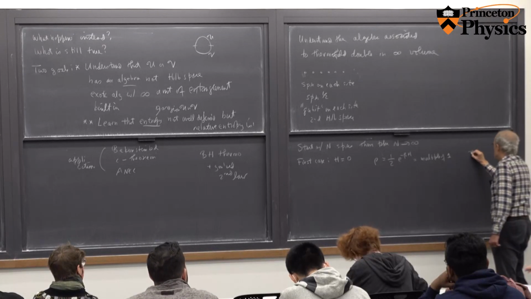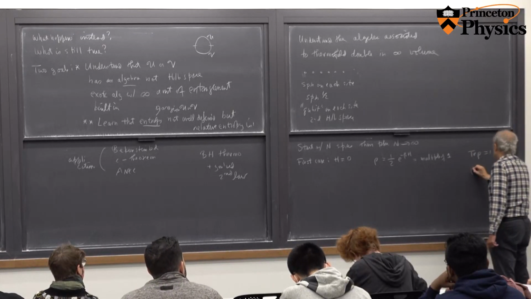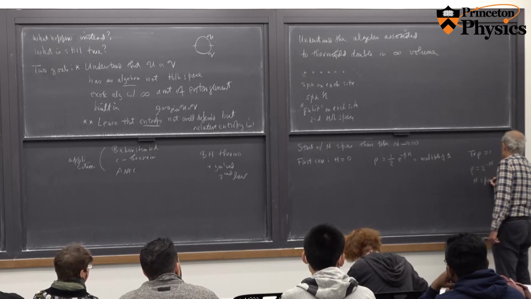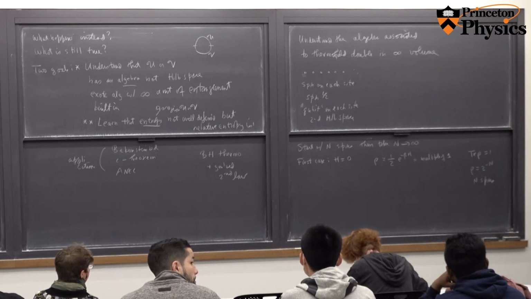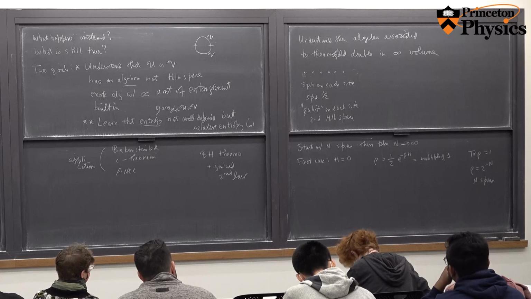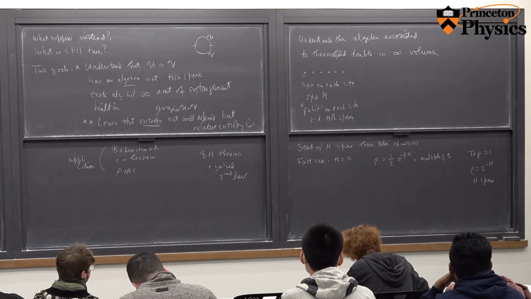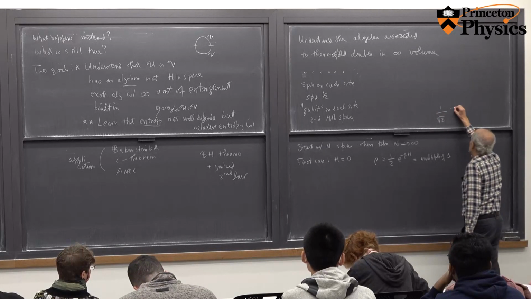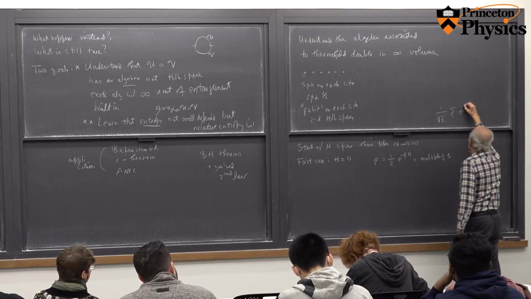And since its trace is supposed to be 1, it'll be 2 to the minus n in the case of n spins. But what we want to do is to write down the thermal field double state, which is a purification of the thermal density matrix. And remember, the basic formula was like this.